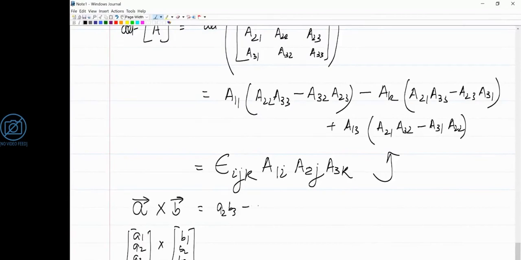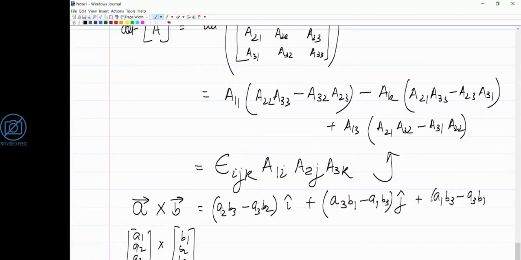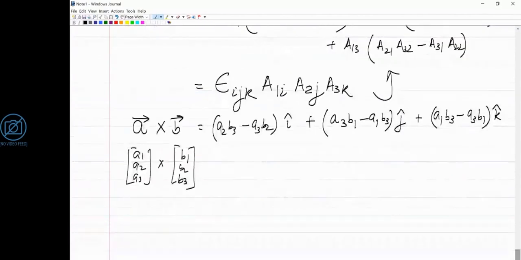The first one will be A2, B3 minus A3, B2, I, plus, for the J, correct me if I make some mistake, A3, B1 minus A1, B3, J, and the last one would be A1, B2 minus A2, B1, K, isn't it?